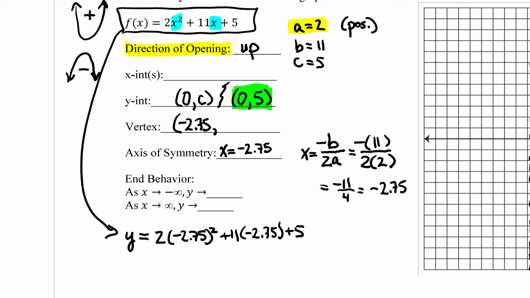Here's x and here's x. So what I plugged in right here, I just put a negative 2.75 there and negative 2.75 there. It is important that you remember that you've got to square that thing. So watch for that.